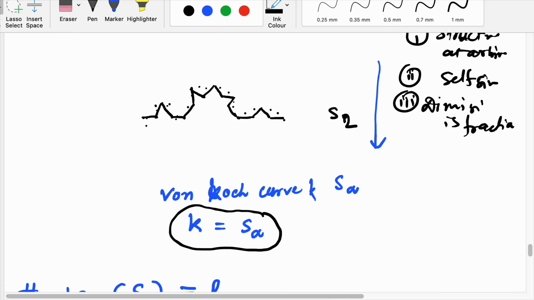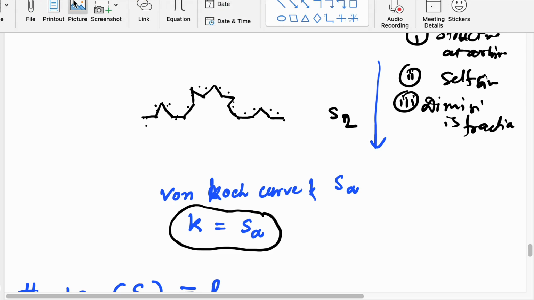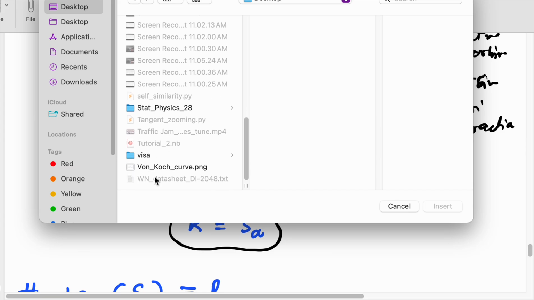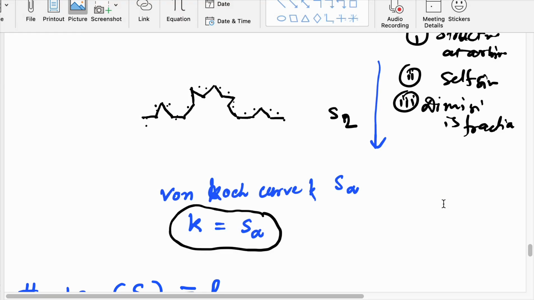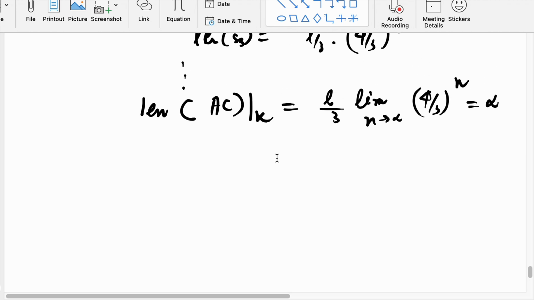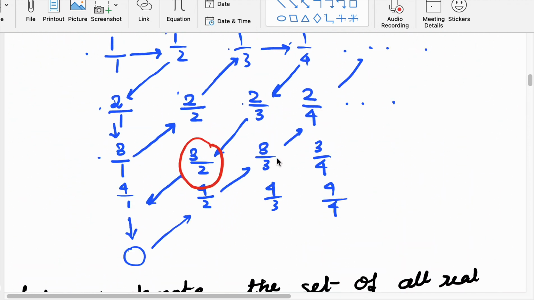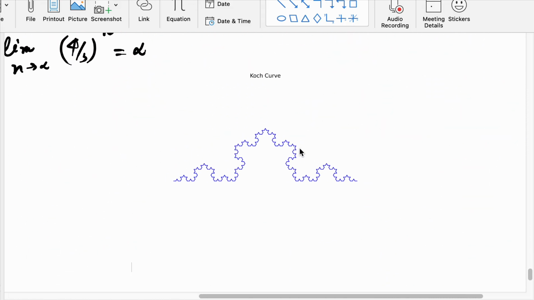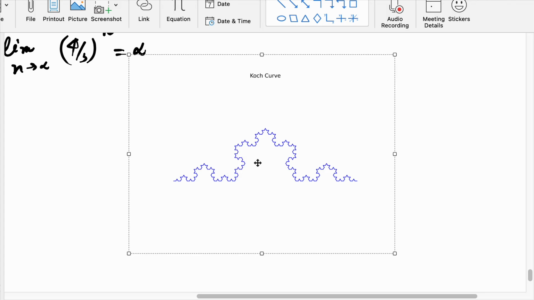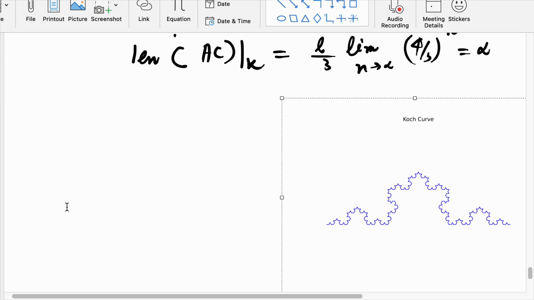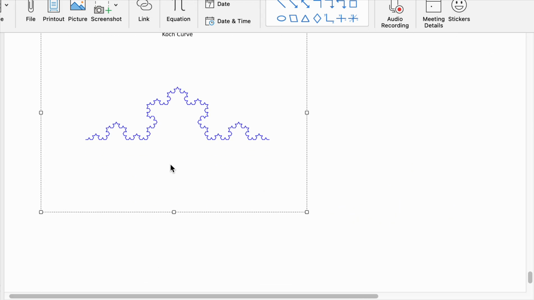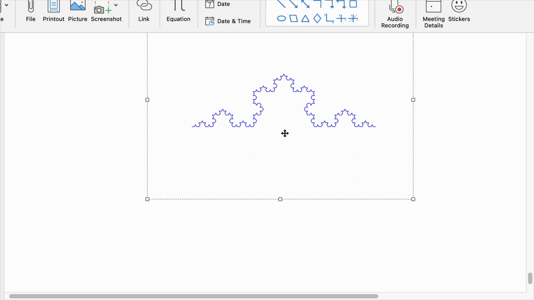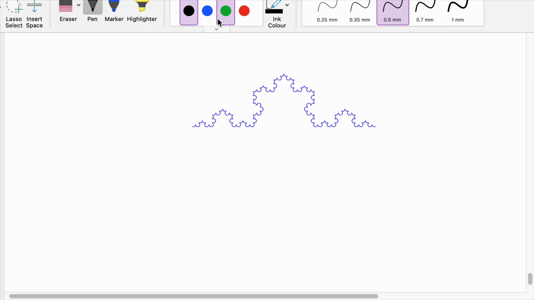Let me import it here. Where does it go? Ah, you can see this is the von Koch curve. It looks like a beautiful structure.